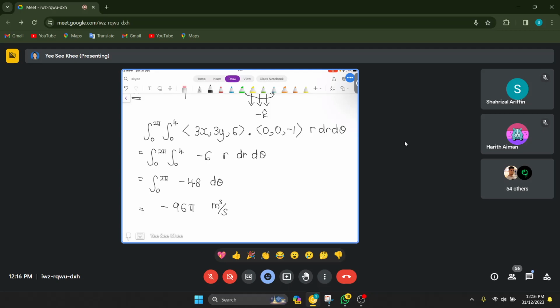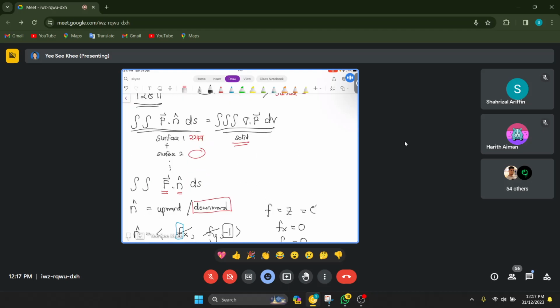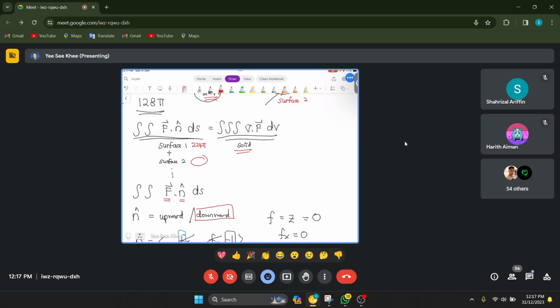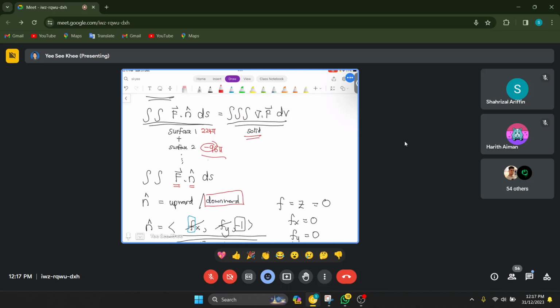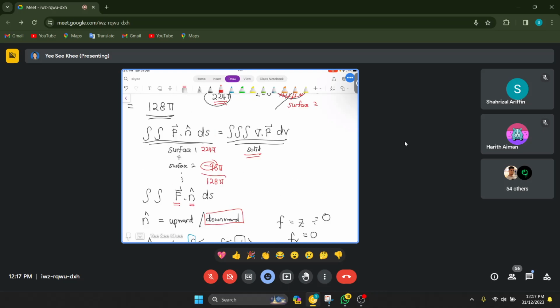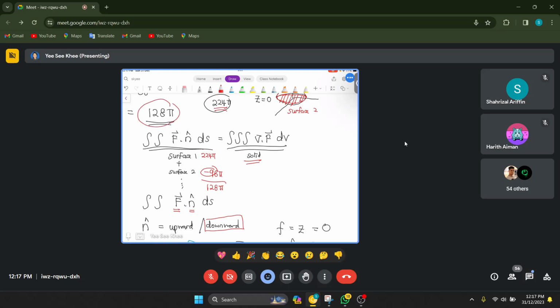This is the flux coming from the second surface, surface 2. So let's add them together. Just now it's negative 96 pi. So what will be the total? 224 minus 96. You see you get 128 pi, which is the same as this one.